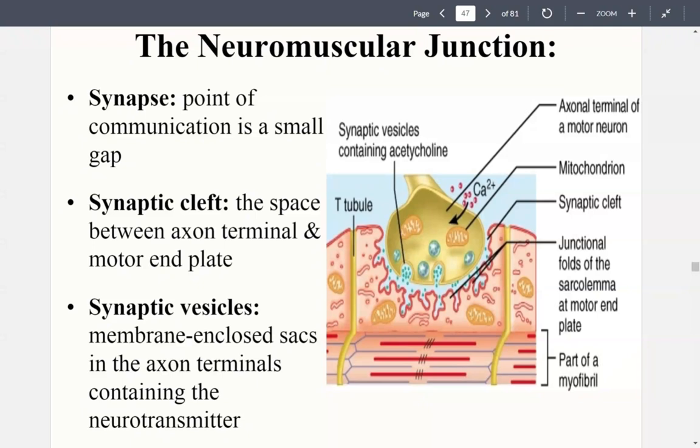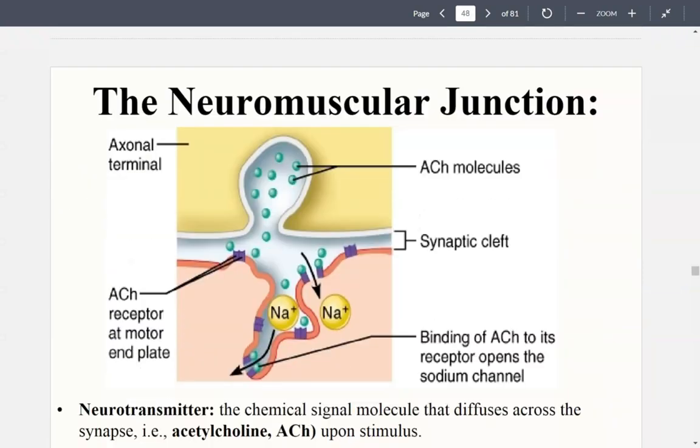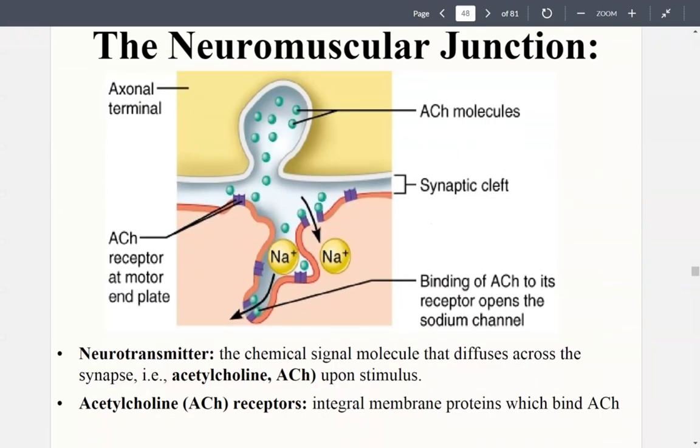Motor end plate here because we're talking about a neuromuscular junction. In particular, because we are talking about a neuromuscular junction, the neurotransmitter in question is going to be acetylcholine.